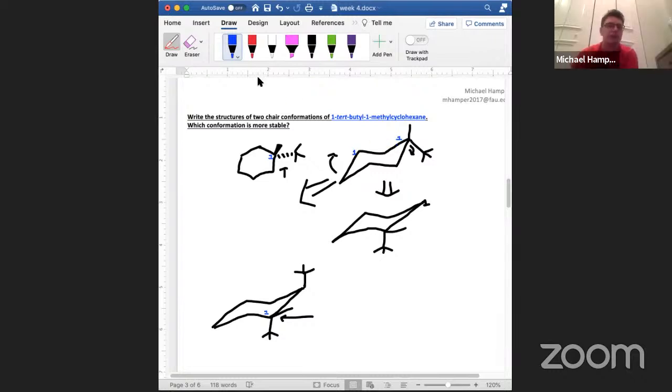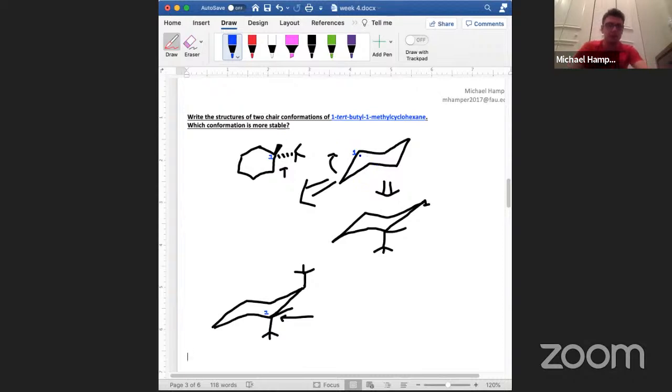All right, so say we have that as carbon number 1. If that's carbon number 1, methyl is going to be pointing up in some way, shape, or form. We don't know if it's going to be axial or equatorial. And the terbutyl is going to be down in some way, shape, or form.